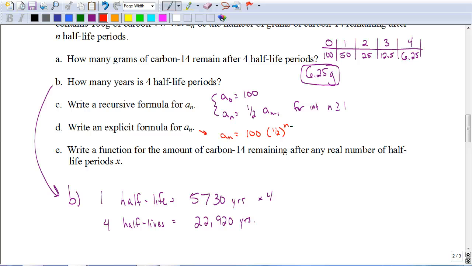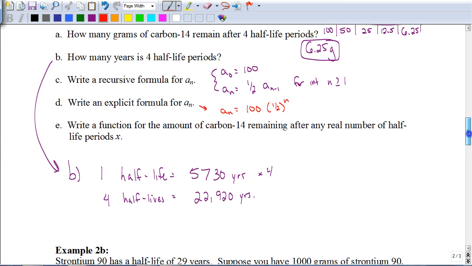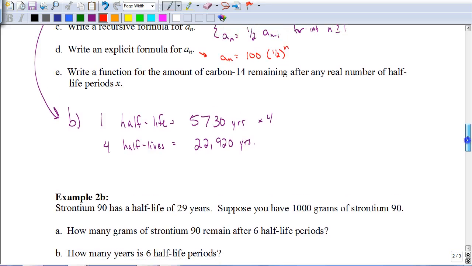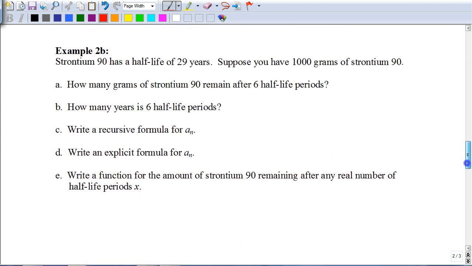Now it's important to represent that n in this case would represent the number of half-lives, or half-life periods, I should say. We're not going to worry about part E. Let's look at another example.